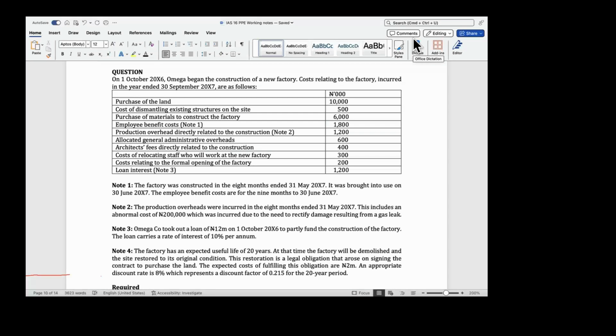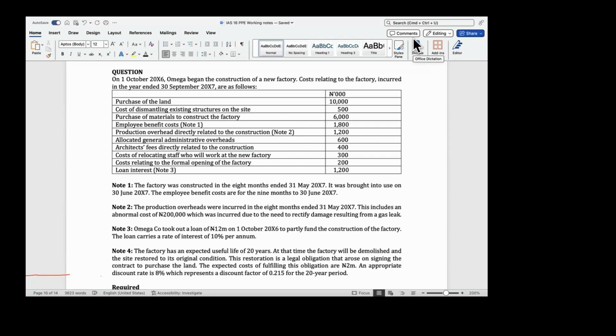Purchase of material to construct the factory, 6,000. Employee benefit cost under note 1 is 1,800. Production overhead directly related to the construction under note 2, 1,200. Allocated general administrative overhead, 600. Architect fee directly related to the construction is 400.